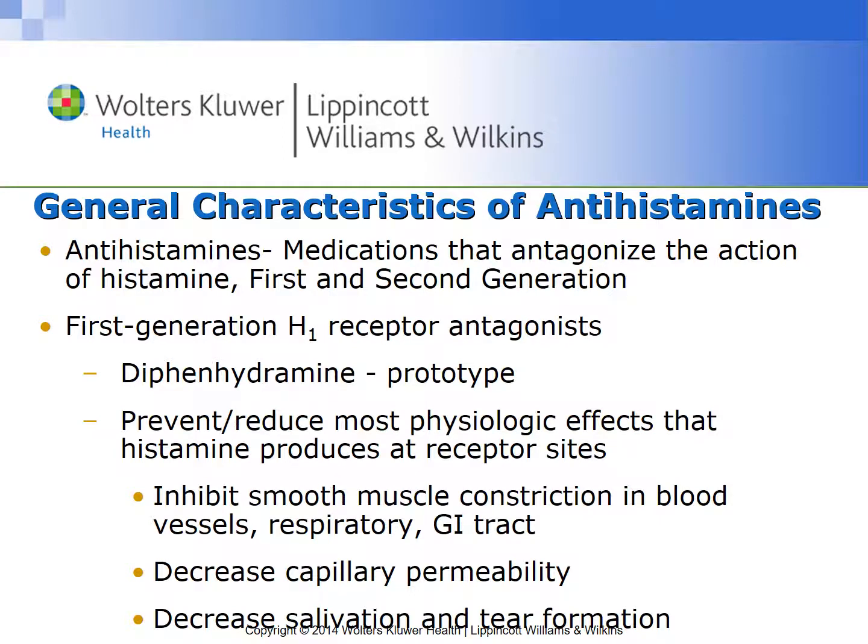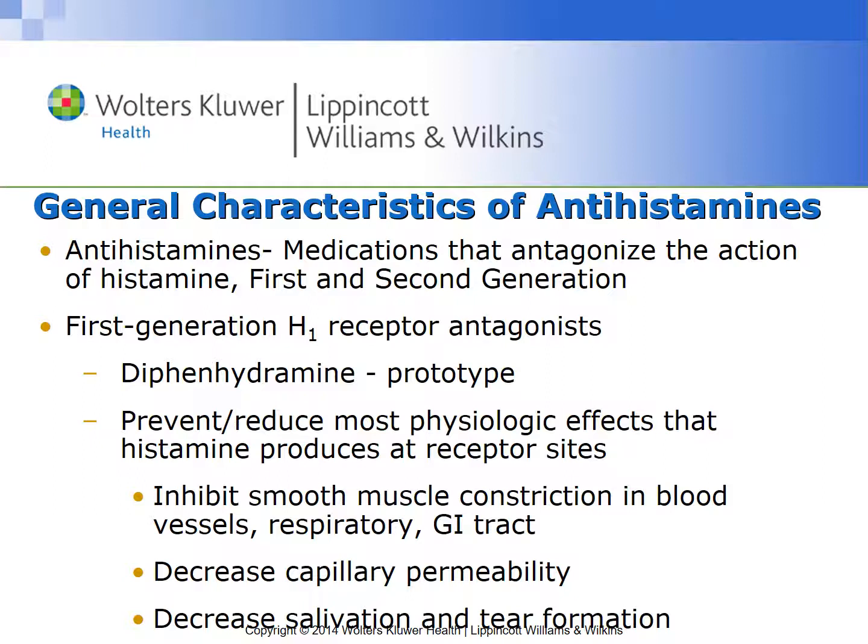So let's talk about our medications. Antihistamines. The reason we give them is we want to cut off that histamine production. It is a medication that antagonizes the action of histamine. And we have first generation and second generation meds, okay? Your prototype is diphenhydramine, also known as Benadryl.